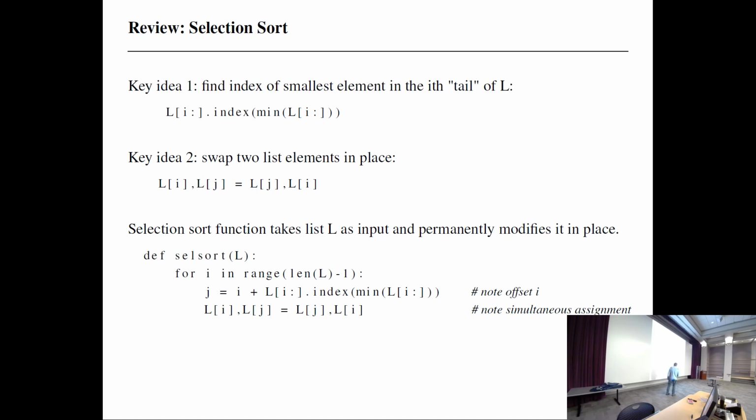When I find that, I set j to be whatever offset I have plus what this returns, because the index here is returned relative to the starting element i. If I want the index to be relative to the entire list, I have to add that i back in. So j now is the location of the smallest element, and I can swap the ith element and the jth element. I can invert them with that simultaneous assignment, and that's my selection sort.